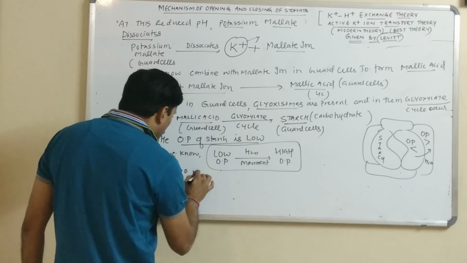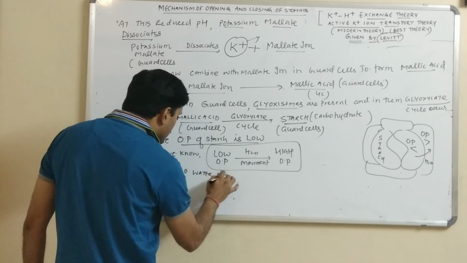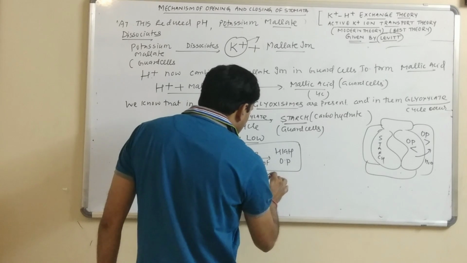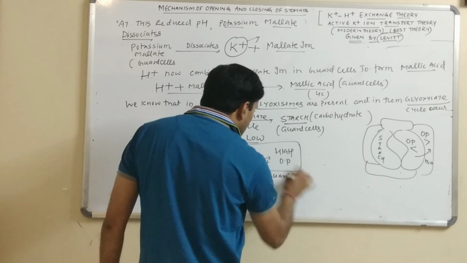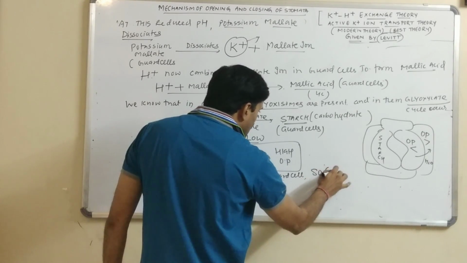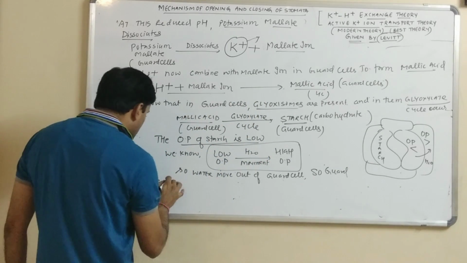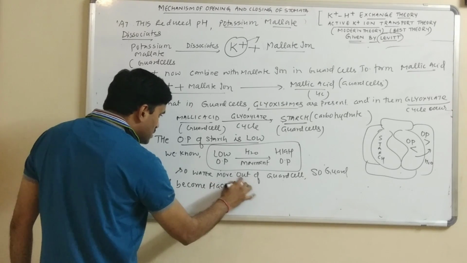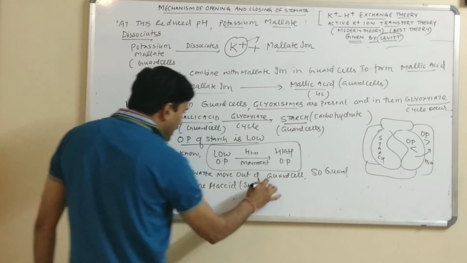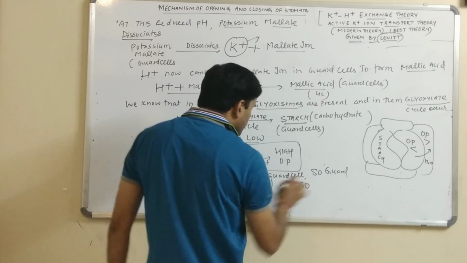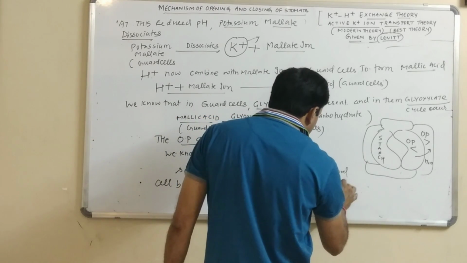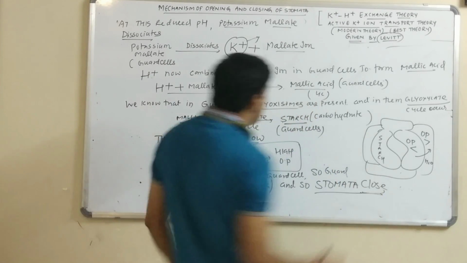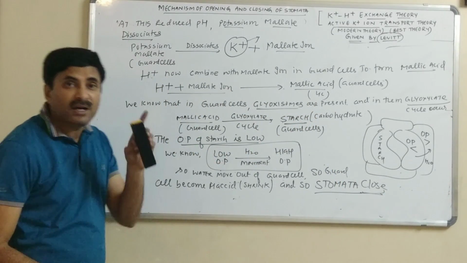Water moves out of the guard cell, so the guard cell becomes flaccid, means it shrinks, and so, very important, stomata close. So this is the mechanism behind stomatal closure.